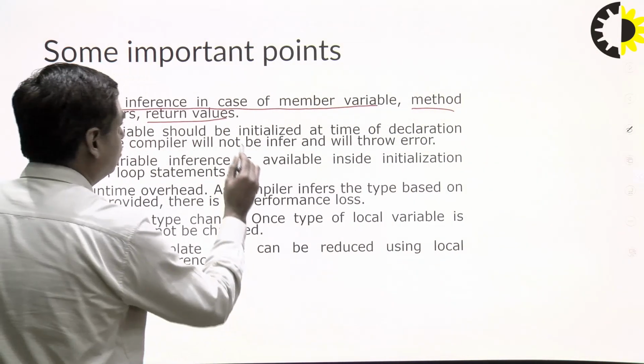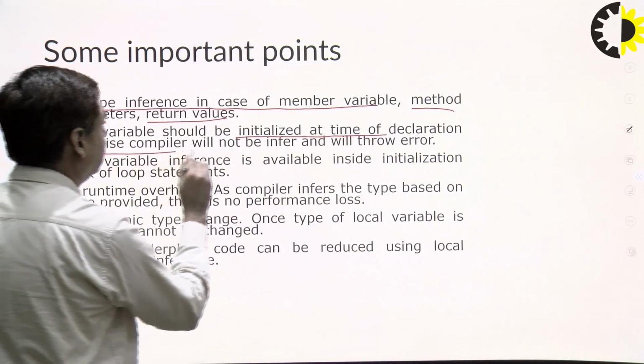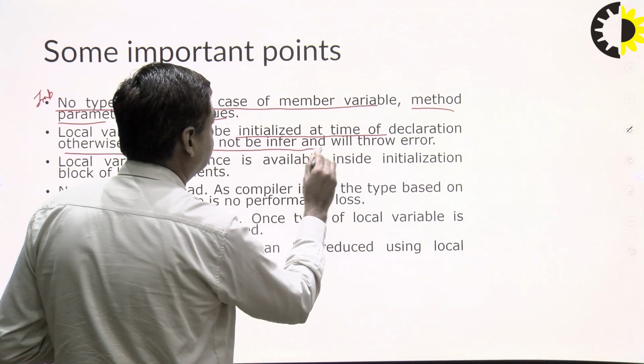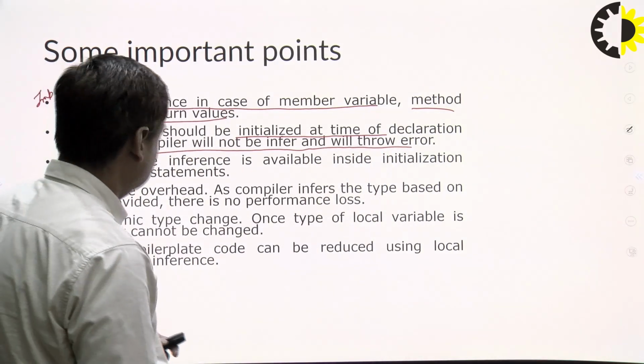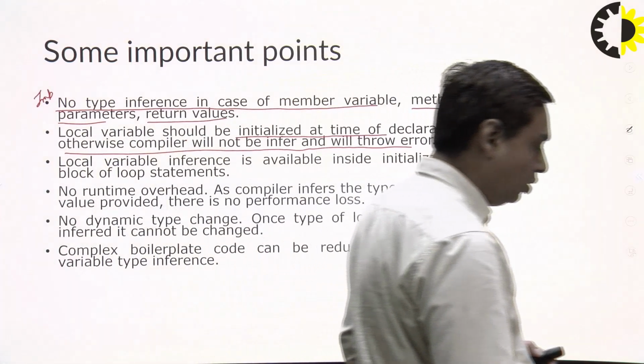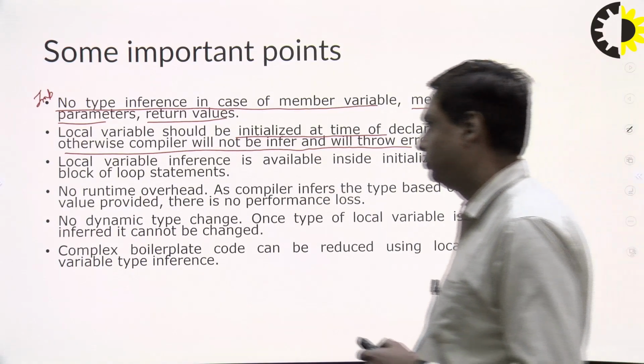Local variables should be initialized at the time of declaration, otherwise the compiler will not be able to infer and will throw an error. So, when you define a variable with the help of var, you must give its initial value.